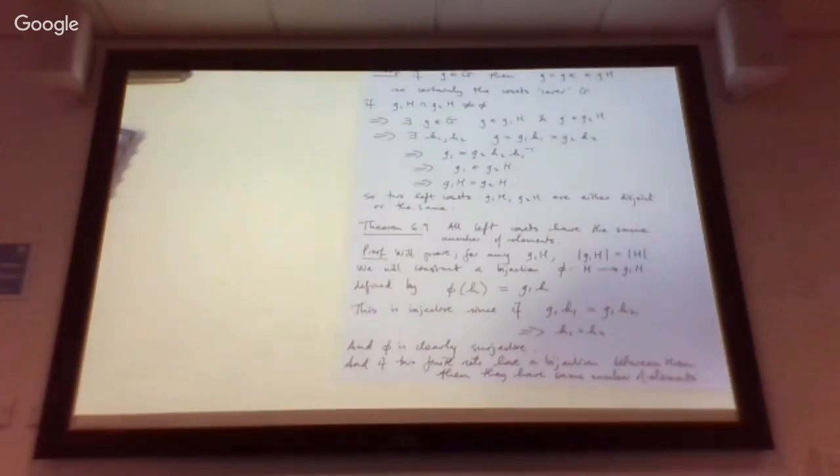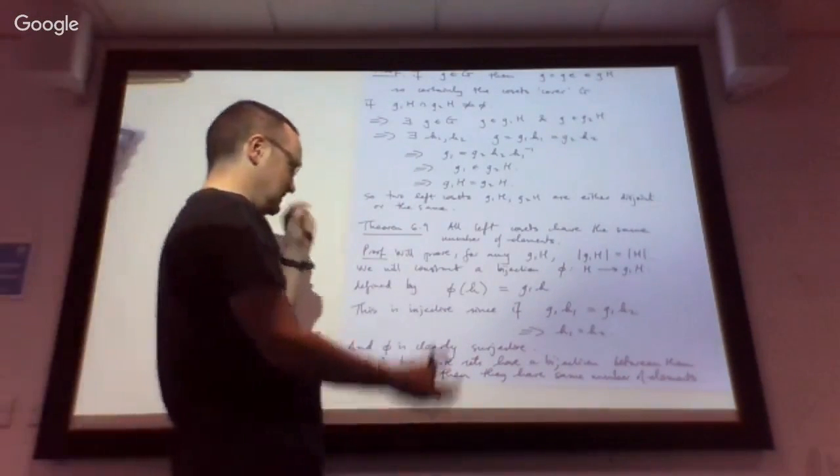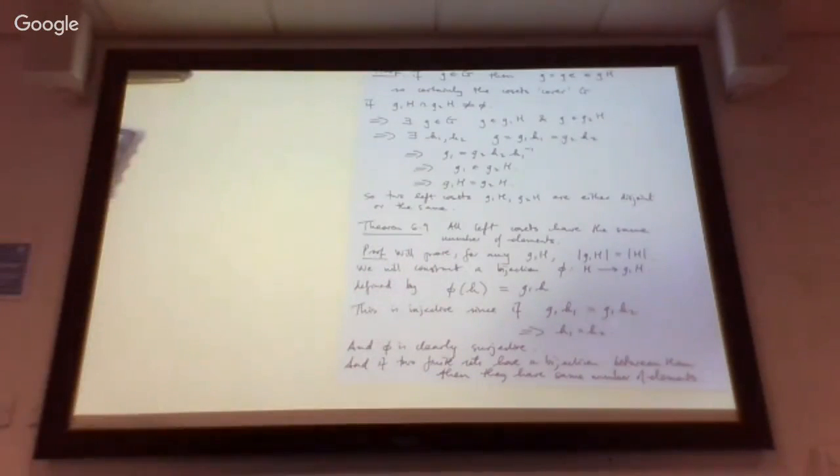That's an interesting statement because it's a conclusion about finite sets, but when you go to infinite sets, that becomes the definition of infinite sets having the same number of elements, the existence of a bijection between them.